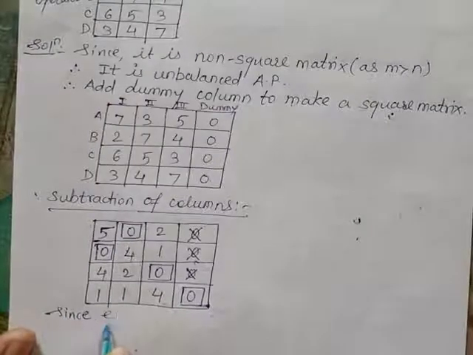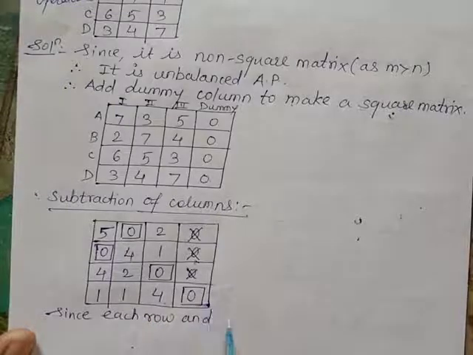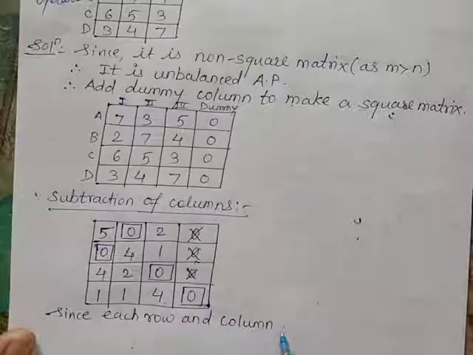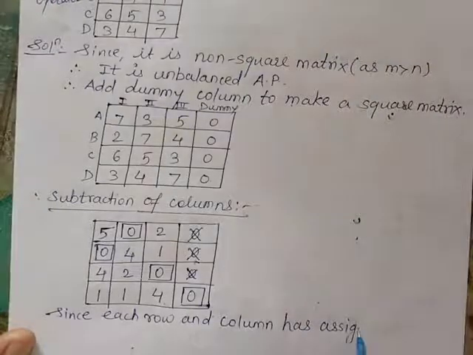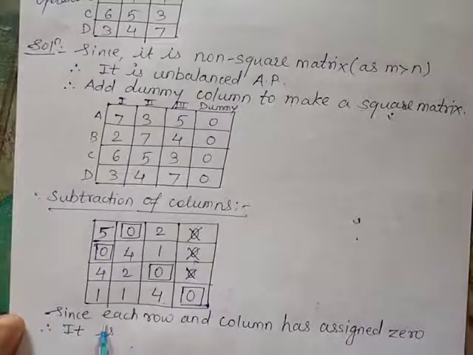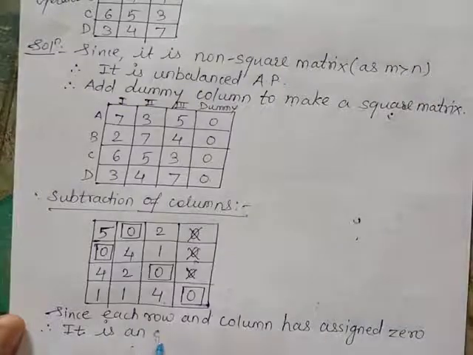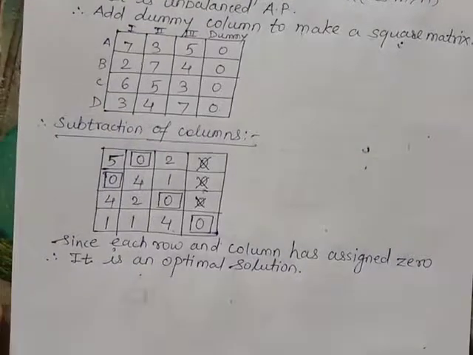Since each row and column has an assigned 0, therefore it is an optimal solution.